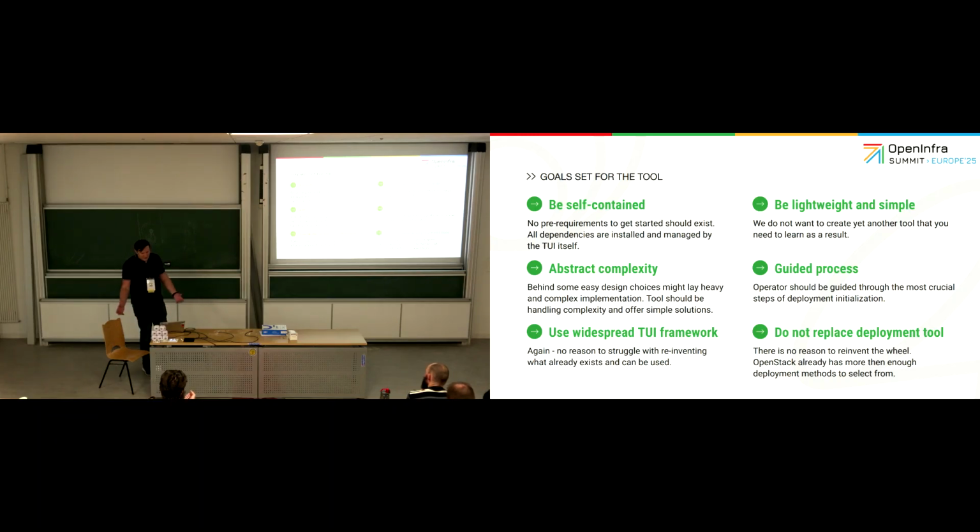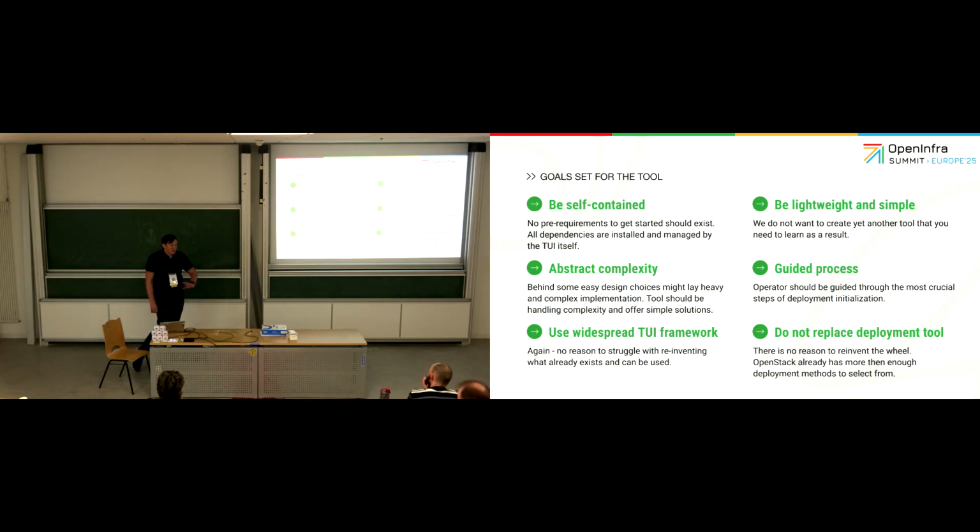Even if some choices might be easy to say or imagine, their implementation may be very complex. So I wanted to create a guided process which leads you through the most crucial configuration and deployment parts.